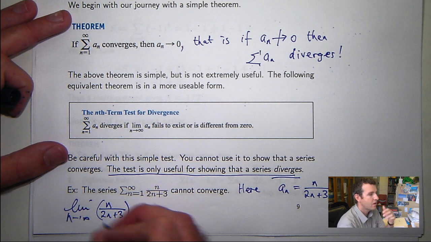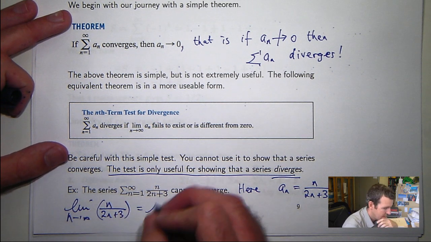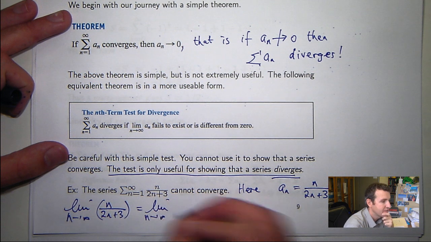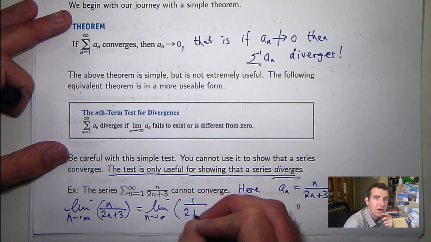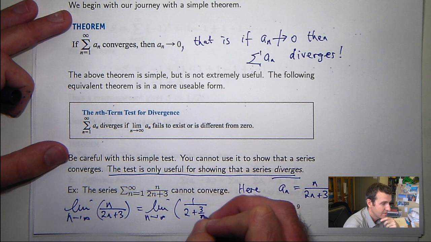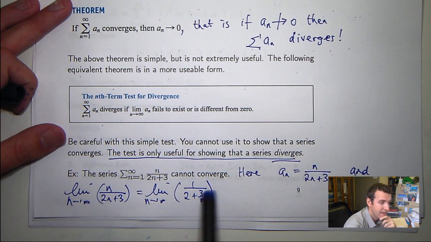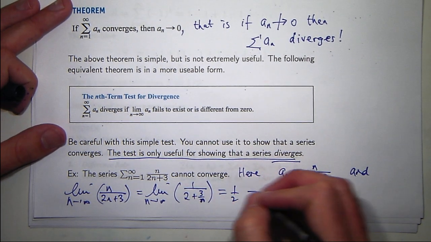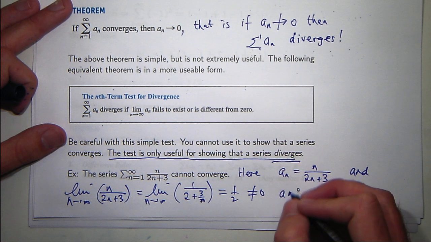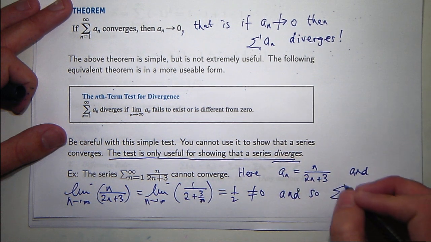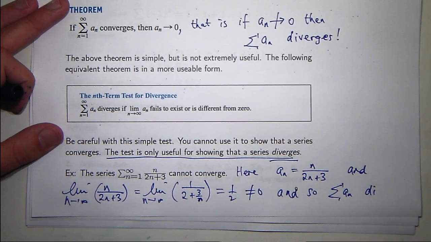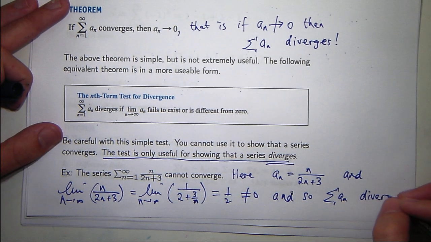Well, I look at the highest power. It's a rational type of function, so I divide by the highest power in the denominator. The denominator has highest power 1, so I divide top and bottom by n to the power 1, and I'll get the following. Now, if I take the limit here, the limit is a half.